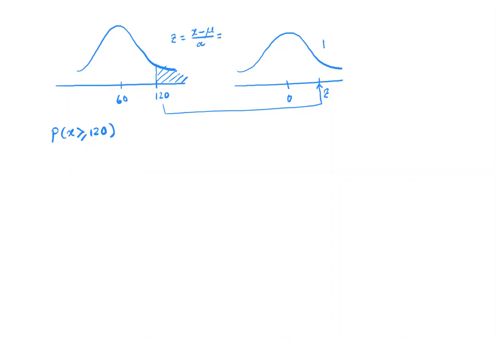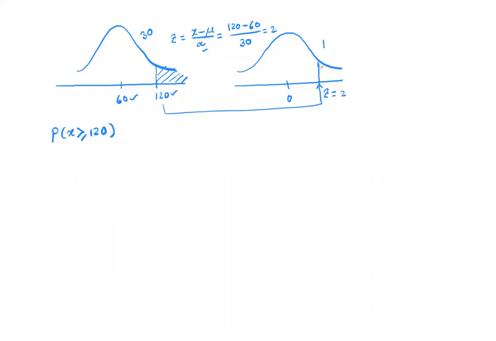In this case, x is the point in question, which is 120, minus mu, which is 60, divided by sigma, which is 30. This is also given in the problem. So that's going to give you just 2, because 120 minus 60 is 60, and 60 divided by 30 is 2. So z is 2.